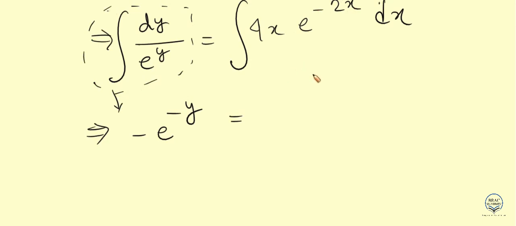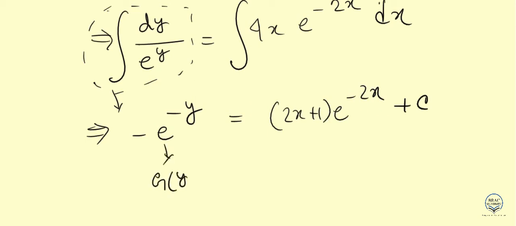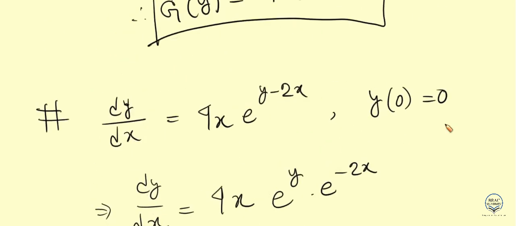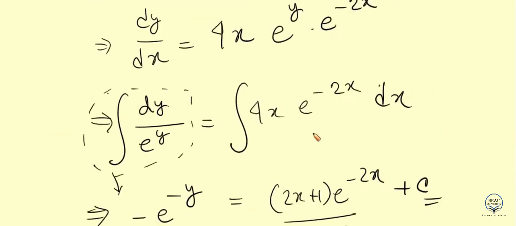So if you do that, I'll just write down the whole result. That will be 2x plus 1 e to the power minus 2x plus c. So this is a g of y, right? And this looks like a capital F of x, and this is our constant, just like we mentioned here before.